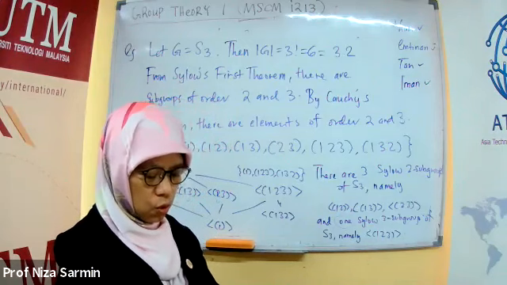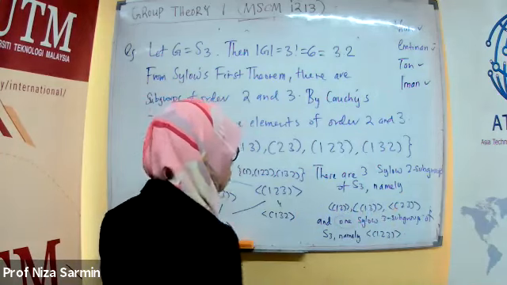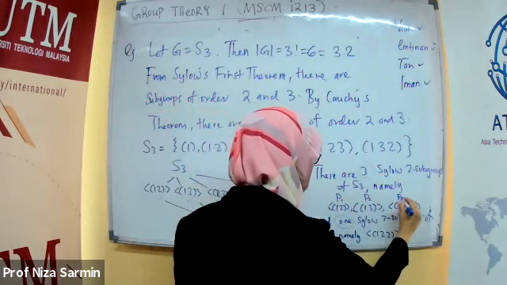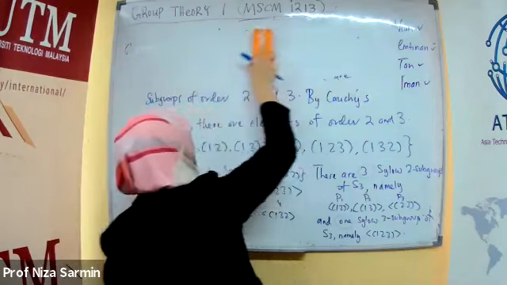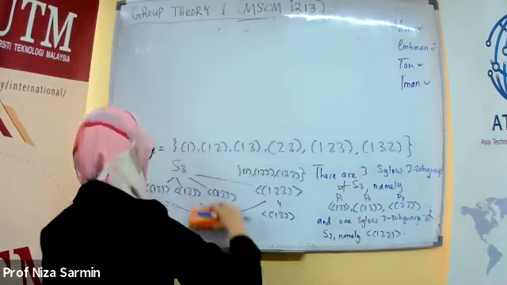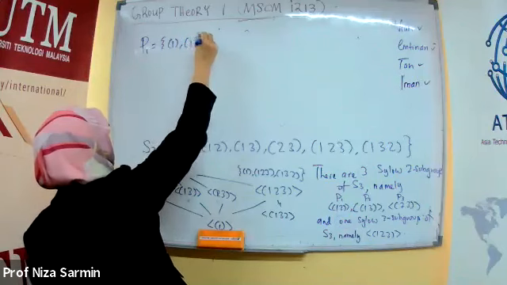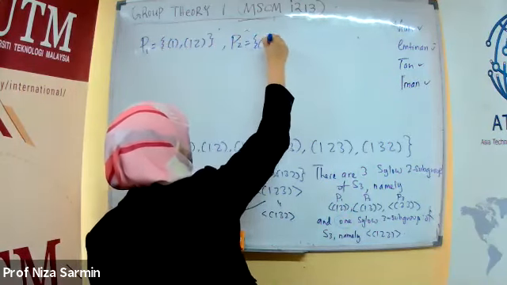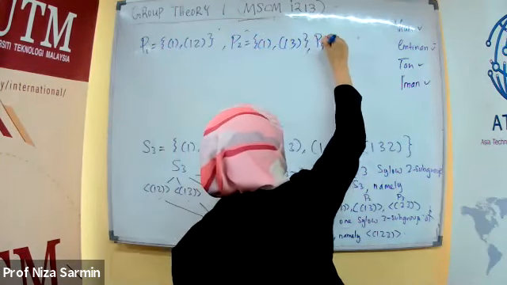So we have to show how these 3 are conjugate. We call them P1, P2 and P3.